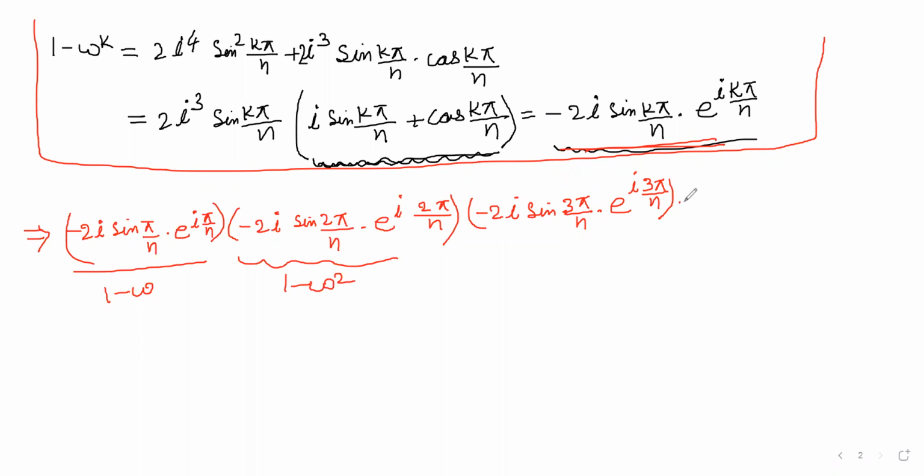And so on, it will go on, right? Until where? It will go till minus 2 iota sine n minus 1 pi by n and into e to the power iota n minus 1 pi upon n, till here, right?